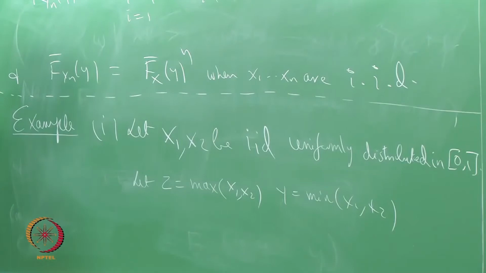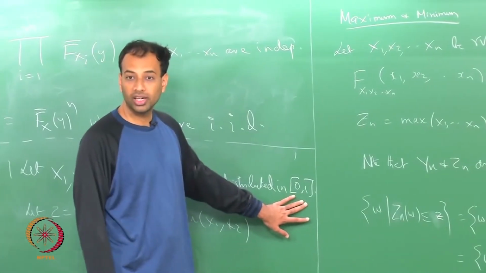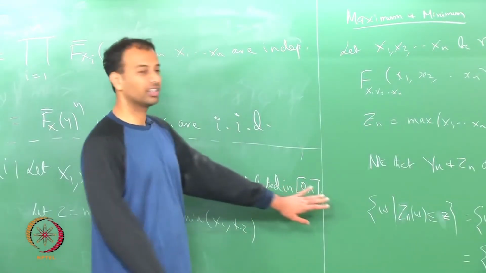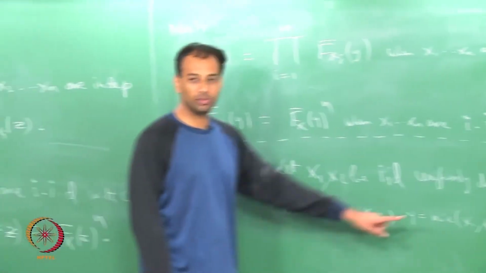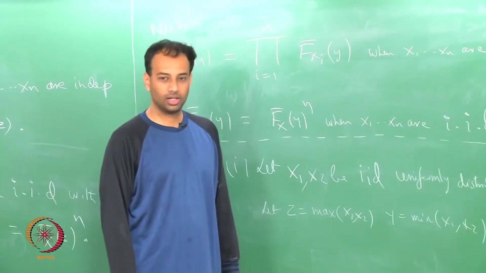So, you have x 1 and x 2 inducing a uniform measure on 0 1, and they are independent. They are independent and identically distributed random variables, and you are looking at the maximum of the 2 and minimum of the 2. The question is how are they distributed.